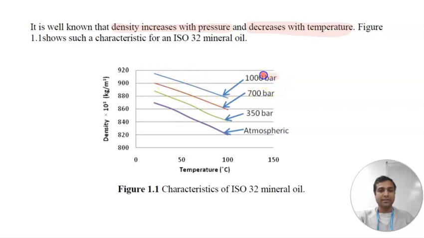This one is at 1,000 bar, and as you increase the temperature, you can see the density of that oil decreasing. You can work the other way around: if you decrease the temperature, the density will increase. And you can see that at different pressures, they have different densities.